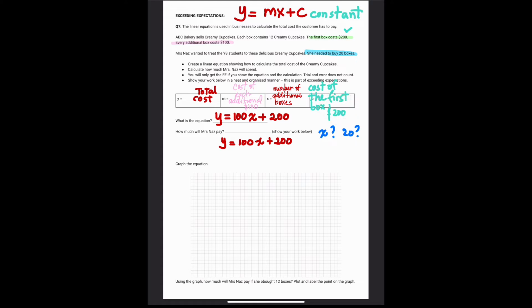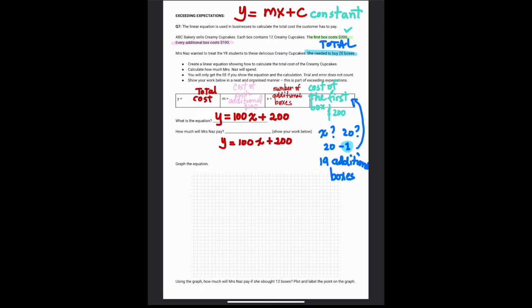So if Mrs. Nass buys a total of 20 boxes, X will be 20 minus 1 box, because that one box represents the first box, which Mrs. Nass will pay $200 for. Therefore, the additional boxes would be 19 additional boxes.